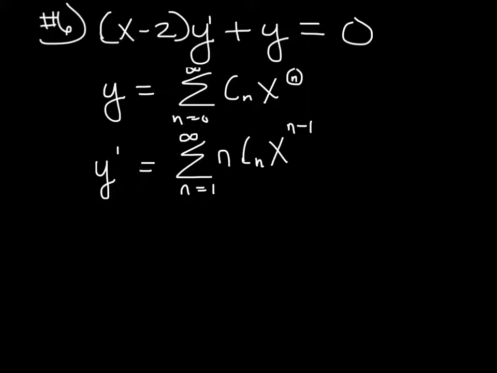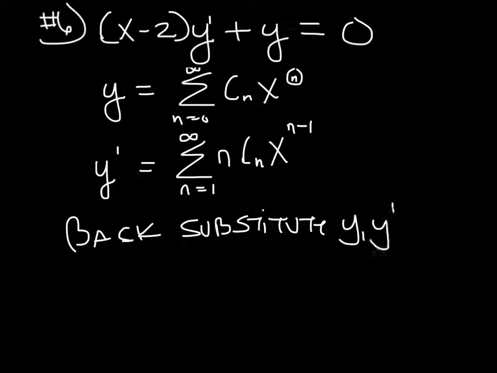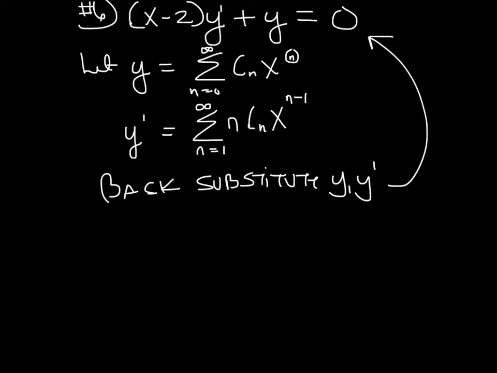Okay, so let's substitute y and y prime back into our equation. So this is our method of a power series, finding y prime, and now we're going to substitute y and y prime right back in here. If we go ahead and do that, we get x minus 2 times y prime.